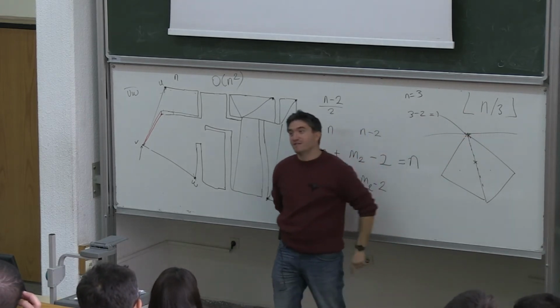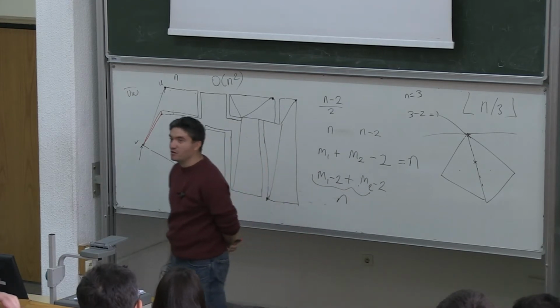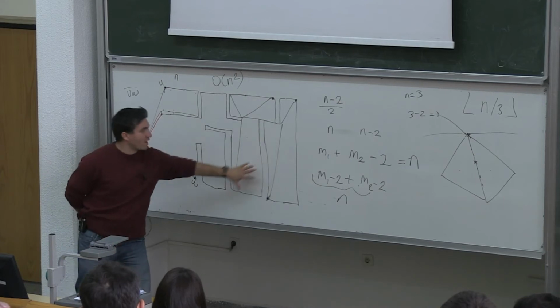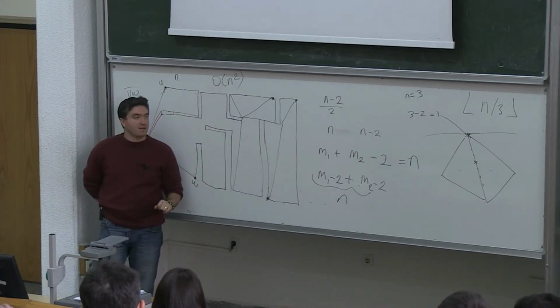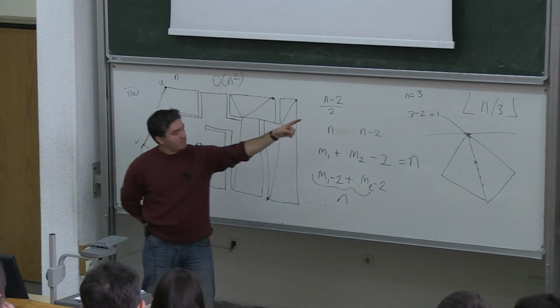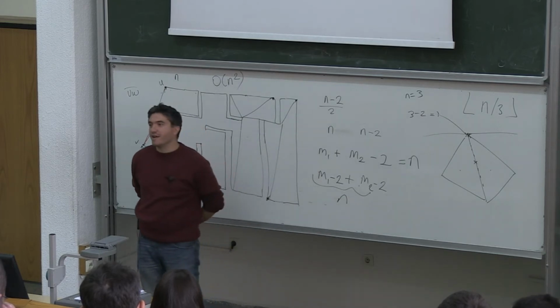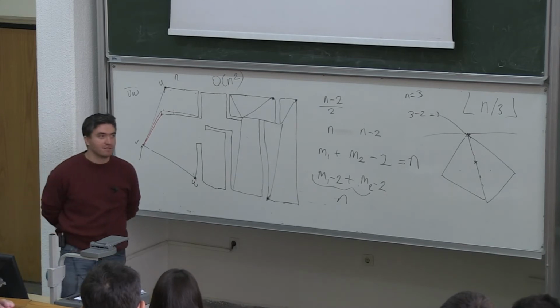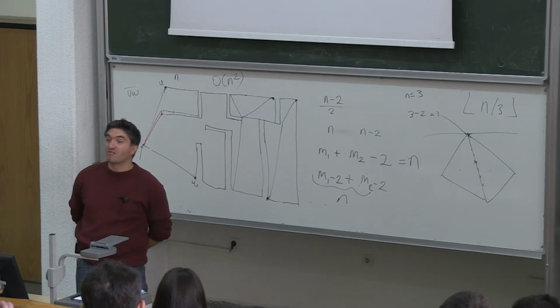With this idea, we are going to select a subset of these vertices among our triangles, and we'll be able to select no more than n divided by 3 vertices. This is done by using a strategy called tree coloring.